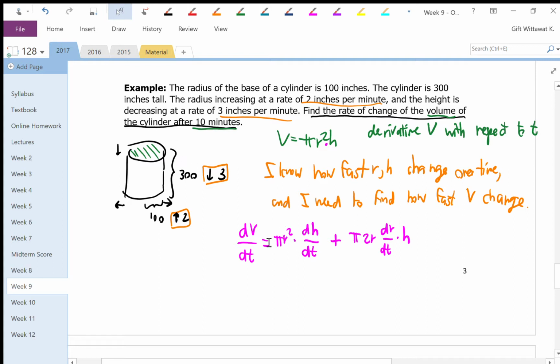Now, it seems almost good because I know dh/dt. dh/dt is going to be my negative 3 because I know the height is going down by 3 inches per minute. And I also know dr/dt because I know my radius is getting bigger by 2 inches per minute.